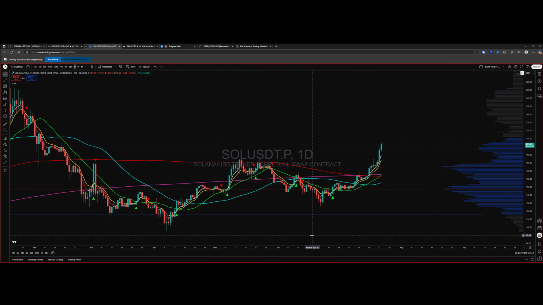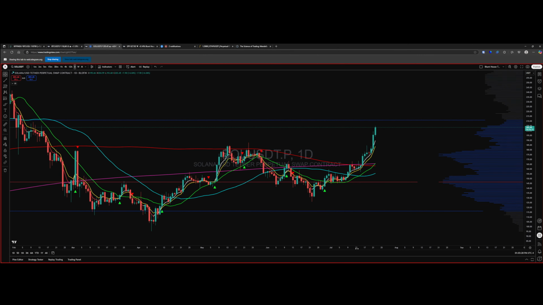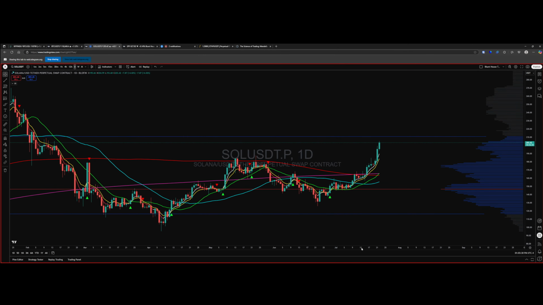It doesn't matter which methodology you use to get better, I really don't care, as long as it's proven, as long as it mitigates the risk for you and helps you monetize the chart to the best of its ability. That's okay. But everything that you need to know is on your chart.